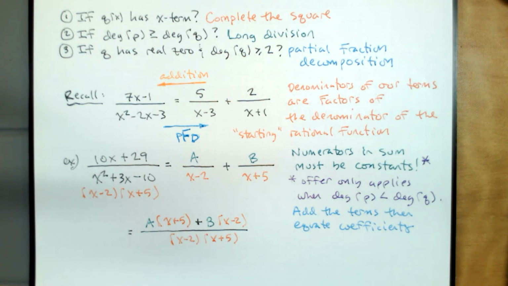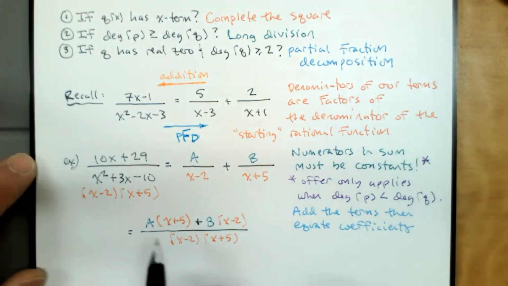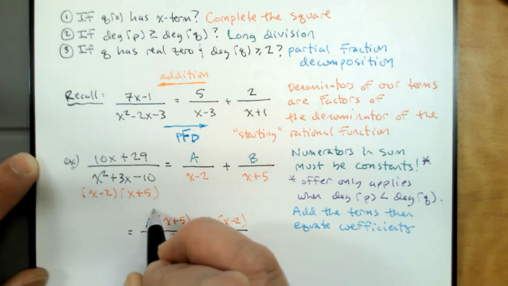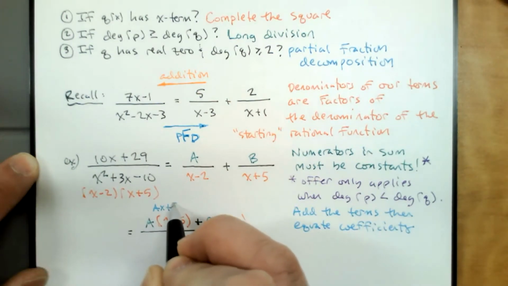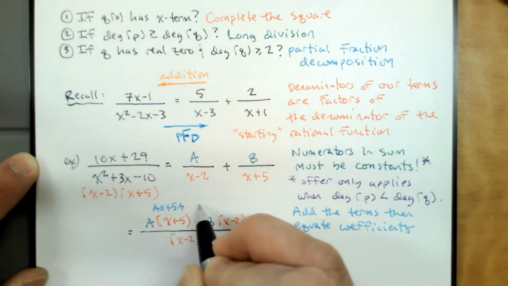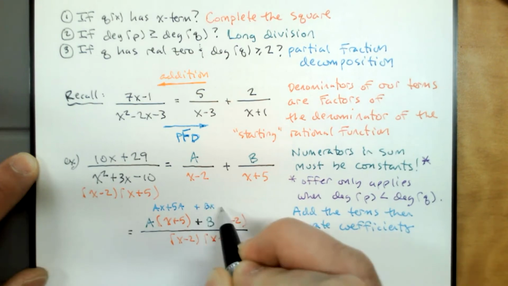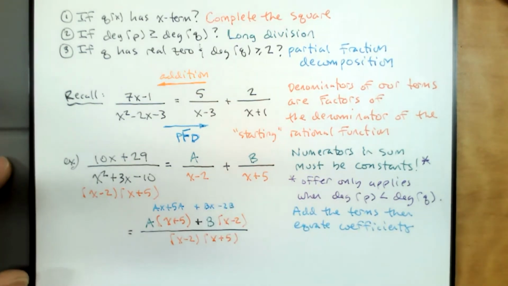So I just take those two terms and put them together to see what has to be true of A and B. I'm going to simplify this numerator. I've got Ax plus 5A plus Bx minus 2B. Now notice I said add the terms, then equate coefficients.